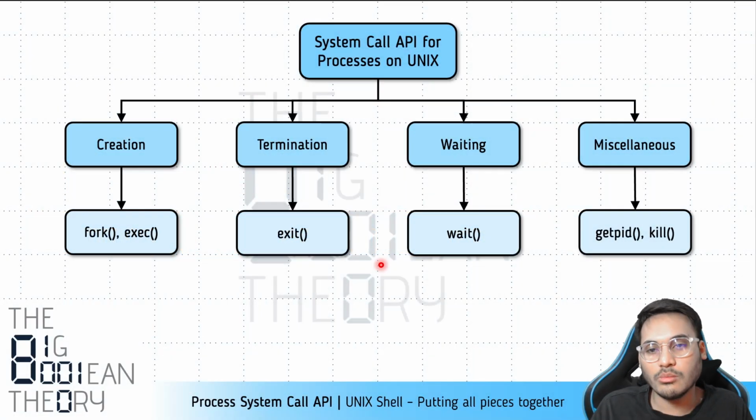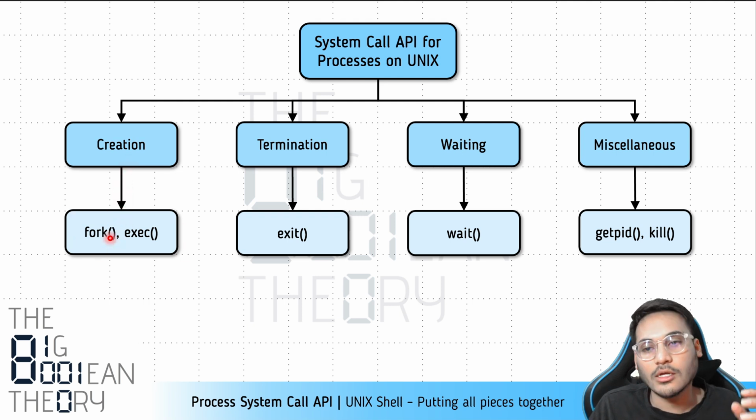So let us recall by looking at all the system calls that we studied in this topic, right? So we had four major operations that we wanted to understand. That is process creation, process termination, waiting, and some miscellaneous system calls, which we will look at in this video in the end, right? So three major operations: creation. For process creation, we had two system calls, fork and exec.